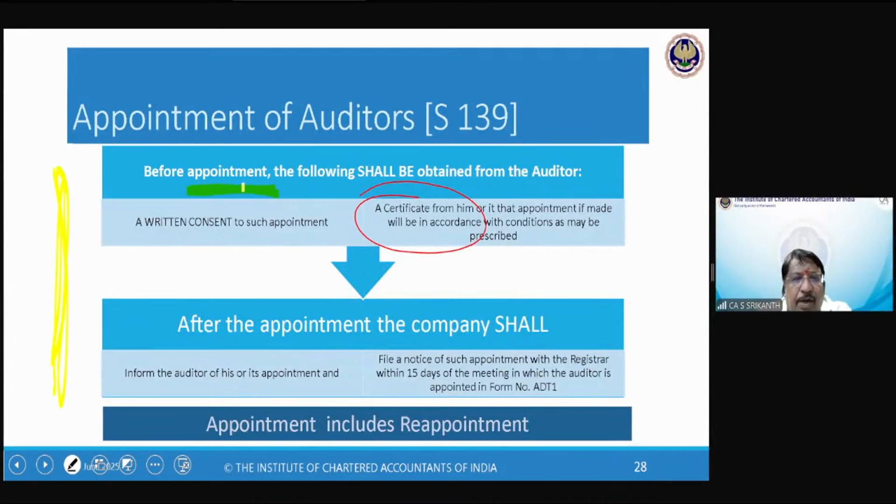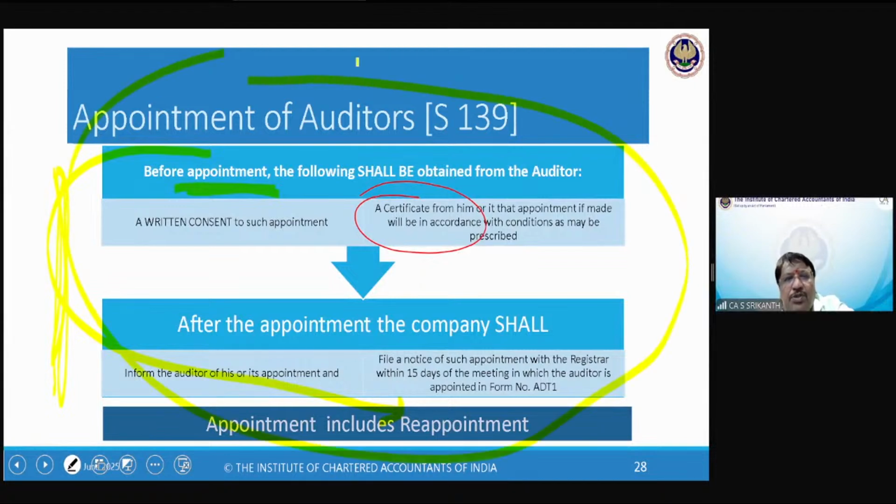Though the word appointment is used here, it includes reappointment. Therefore, when you reappoint him also, all these procedures are to be followed. You cannot say, already we did it, no need now. You do it again, you have to do it. Have you understood? That is the meaning of the words appointment includes reappointment.